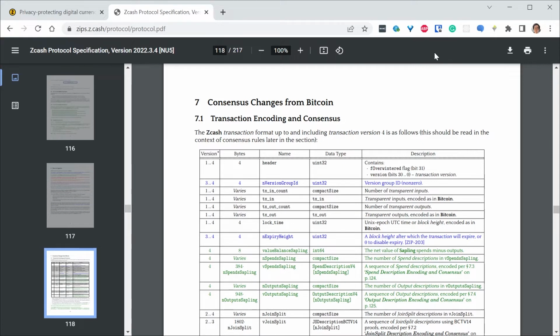Immediately after NU5, they stopped working. And I think that currently there are still issues with Ledger. They are much harder to update than a software wallet, because you have to push a change to the firmware.